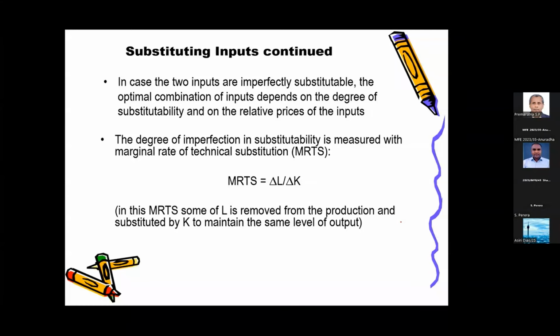That slope we call MRTS, the marginal rate of technical substitution. MRTS is about substitution: to increase one input, you have to reduce the other. So that substitution, the slope of the isoquant curve, we call the marginal rate of technical substitution.